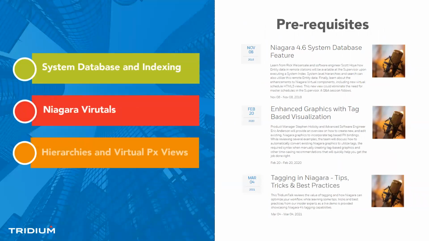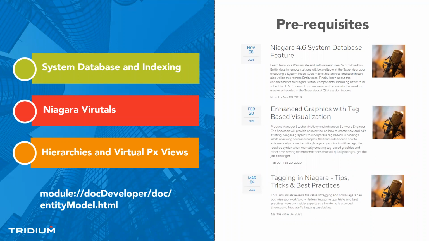It's difficult to talk about multi-tiered system database without already knowing what the system database was to begin with. And because of time constraints, I don't want to try to do essentially 2 Tridium talks in one.